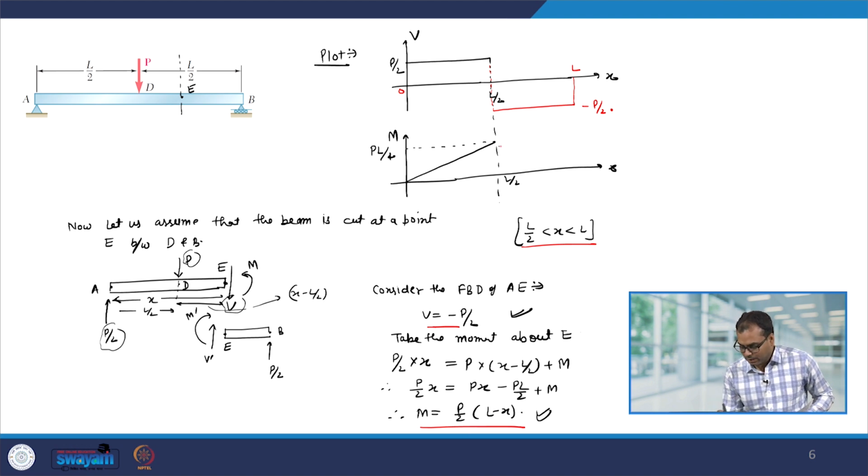Because of the minus sign, it will come down, and if you put the value of x equal to L, in that case M should go to 0. Okay. So, this is the plot for the shear force and bending moment. Now, let us look at one more example.